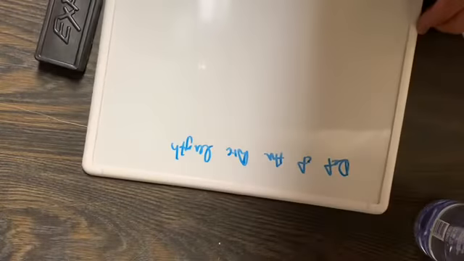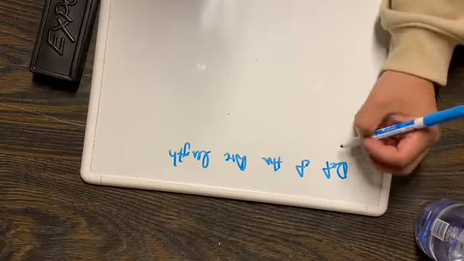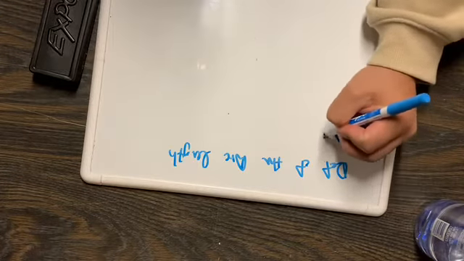Now the next thing that I will be explaining is the definition of the arc length. Now there's two ways of seeing this.